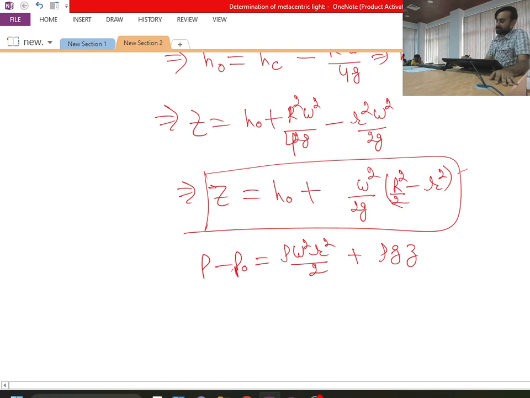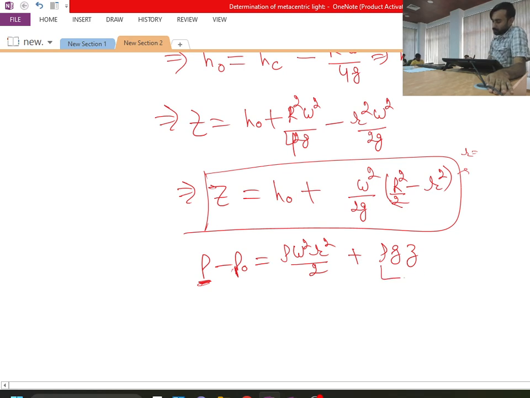Now in this previous equation, if you substitute small r equal to capital R, then you can determine the value of Z at the corner. Similarly, if you substitute the value of r and Z at any point, you can calculate the pressure. But one point is very clear: the way our free surface is varying, pressure is also varying in a similar fashion.